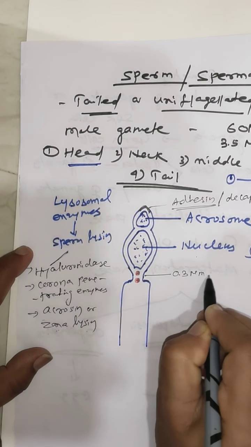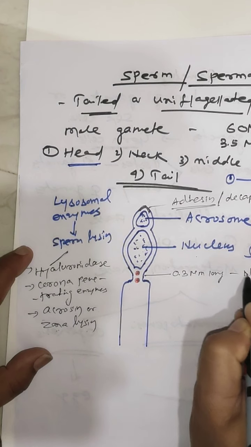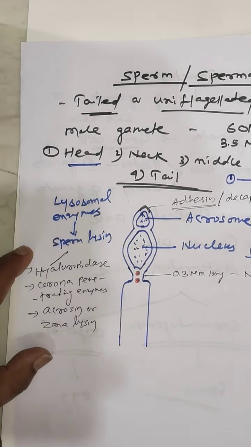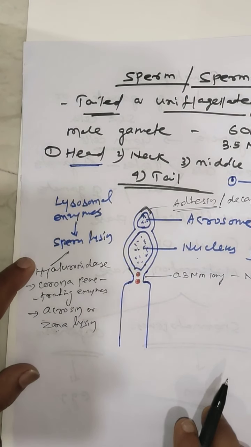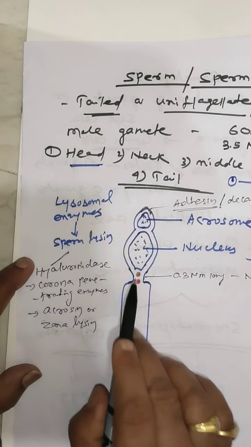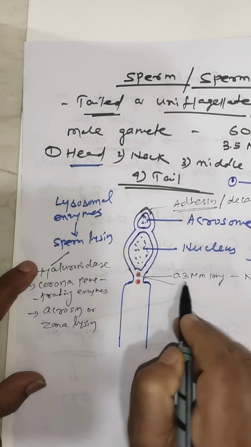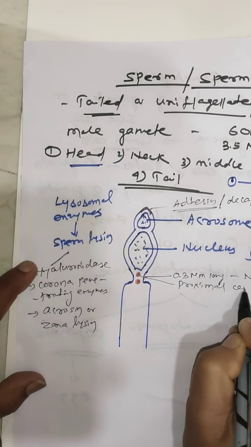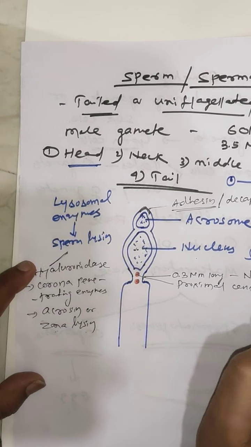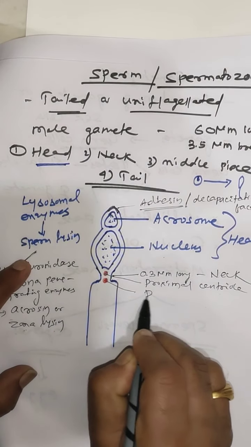The neck is 0.3 millimicron long and is found between the head and middle piece.